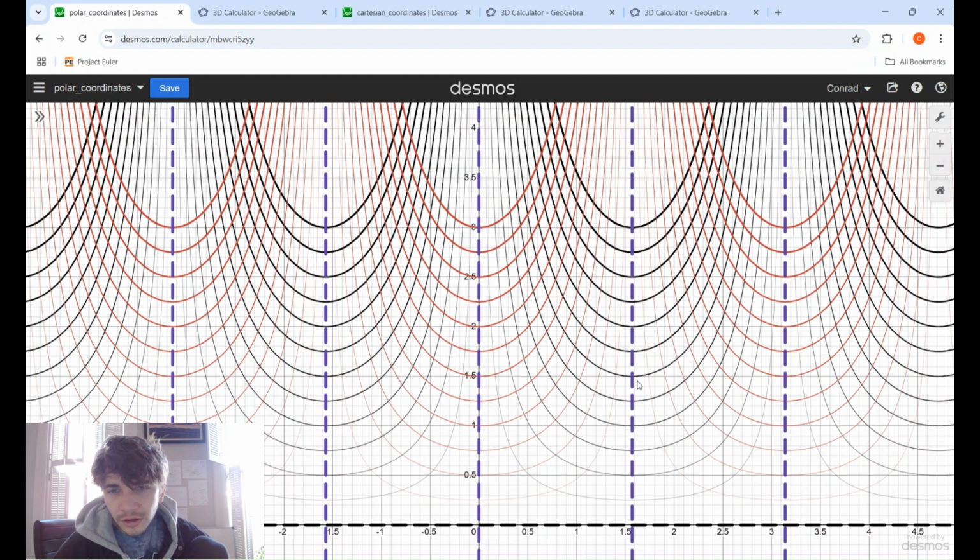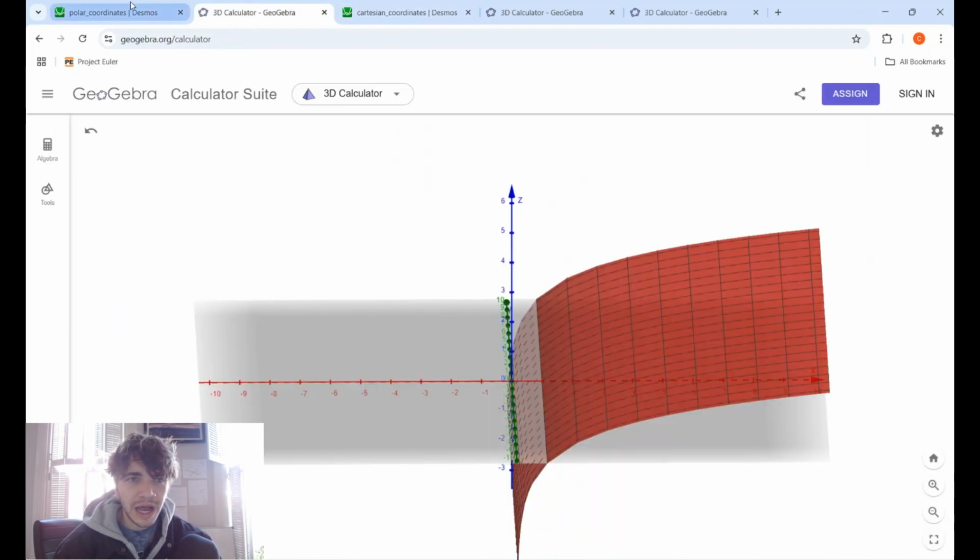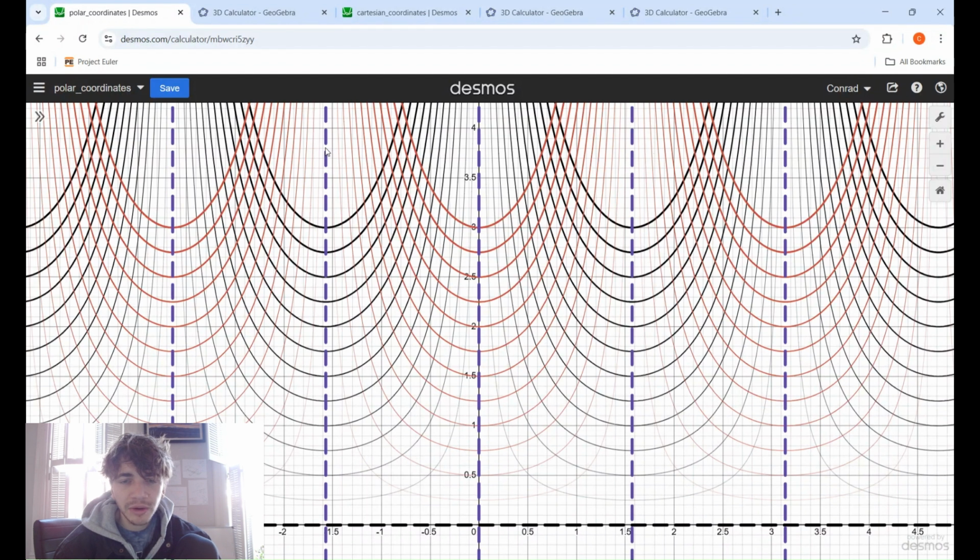And the reason for this is that essentially we're looking at circles in the xy plane, and then we're slicing them and folding them to be flat lines. A larger circle is just going to get mapped to a horizontal line that's higher up on this r theta plane. And so it's going to get compressed more.